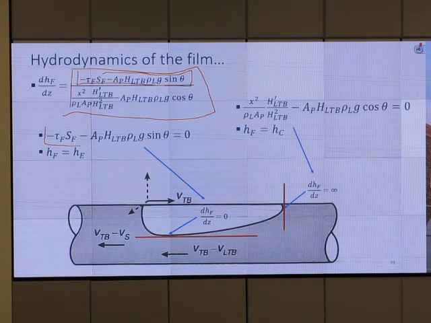The top part is that thing, right? Equal to 0. That is the point at which there's no slope on the film profile. How do we get that? Numerically, everything is a function of liquid height. We can change the liquid height until we find what liquid height makes the left hand side equal to 0.